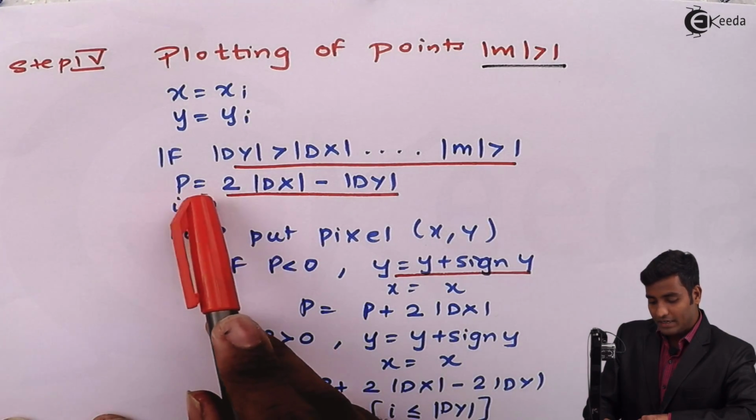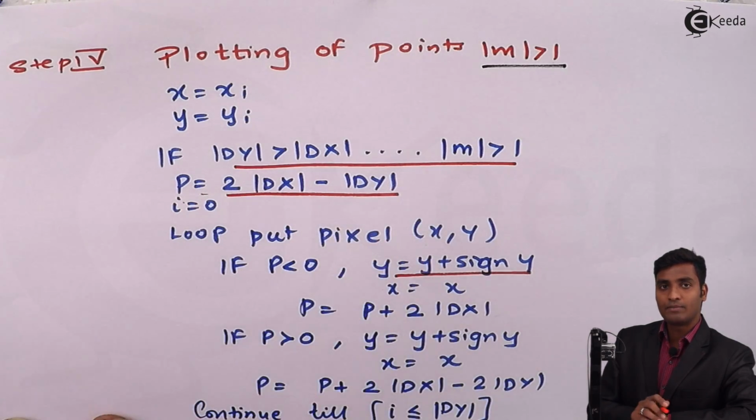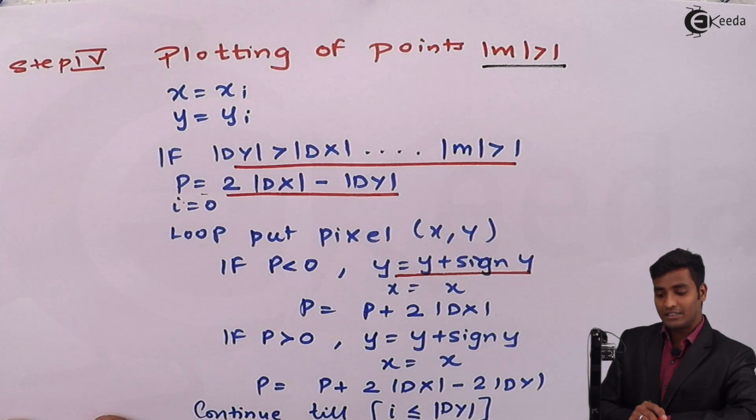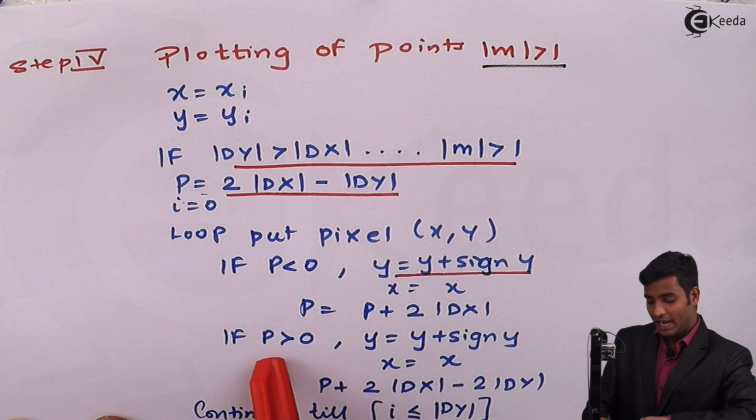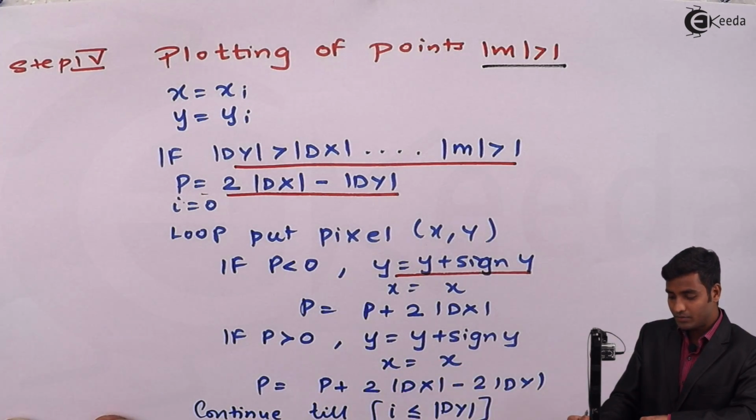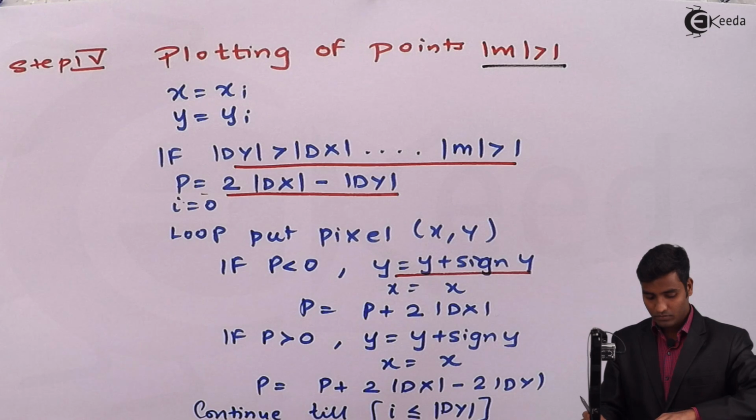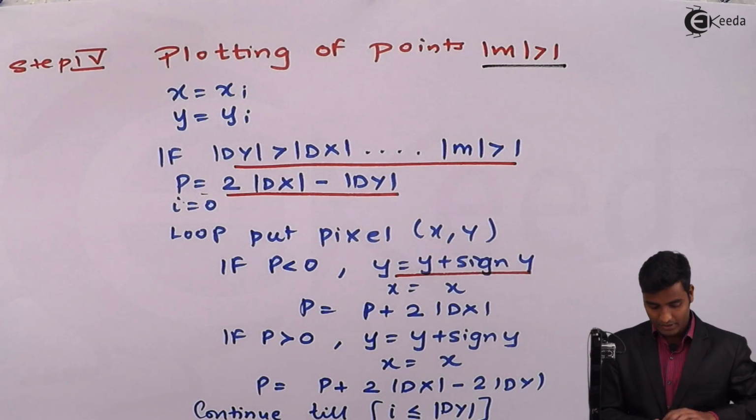If the value of this decision parameter comes out as greater than 0, that is a positive value, then I will use y as y plus sign y.